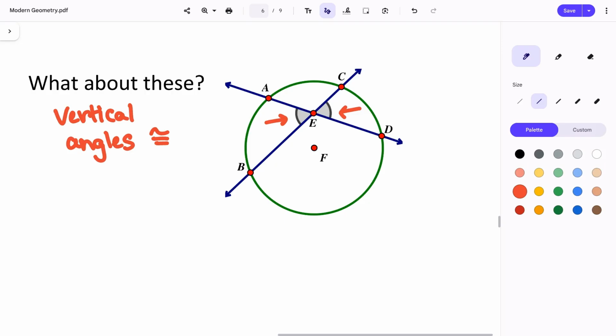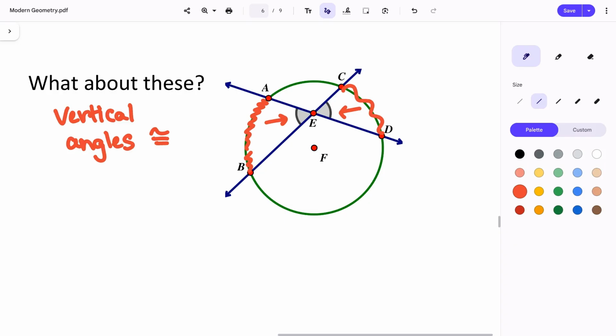Just by looking at the picture, you don't have any numbers, so you have to use your best judgment. Do you think that the arcs that they're intercepting, so the left side is intercepting this and the right side is intercepting this, are the same? You think they look a little different? Maybe a little bit different, right?